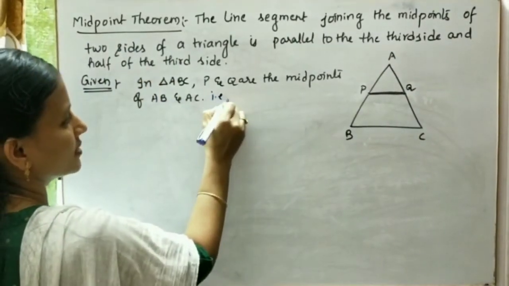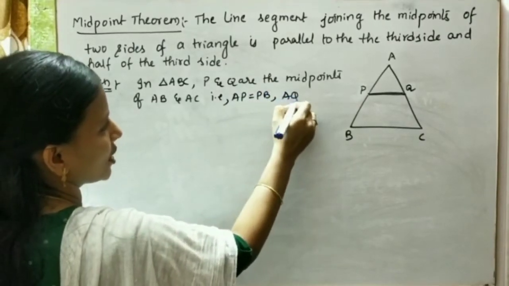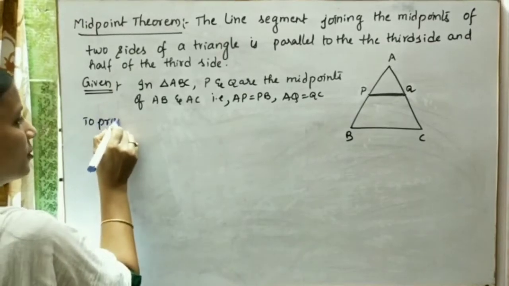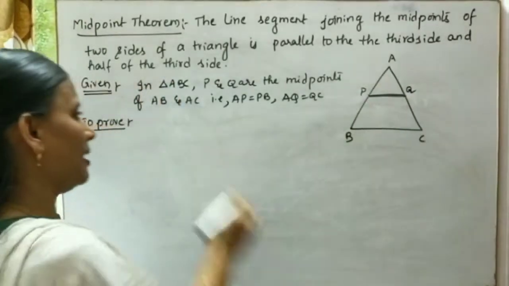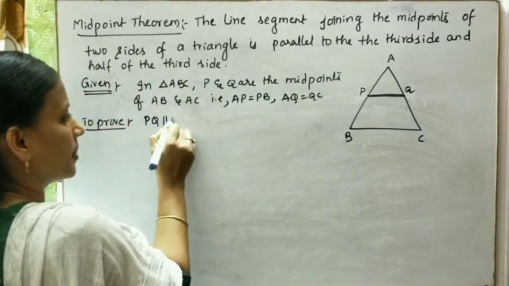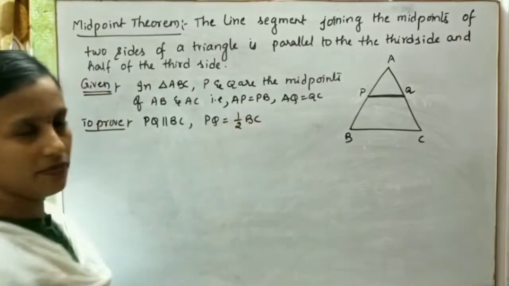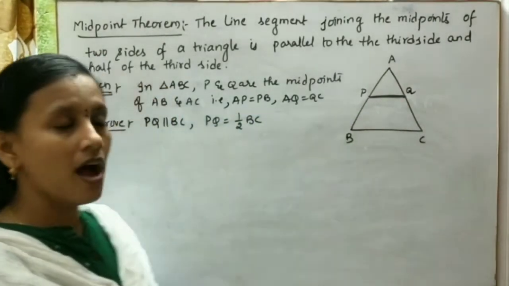That means AP is equal to PB, AQ is equal to QC. And what we have to prove? We have to prove PQ is parallel to BC and PQ is equal to half of BC.